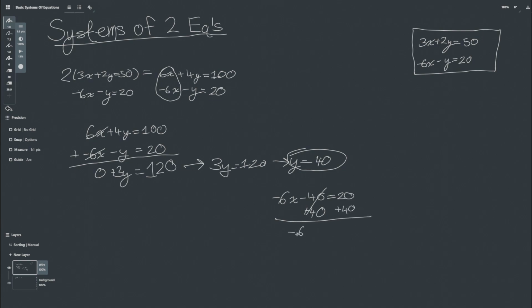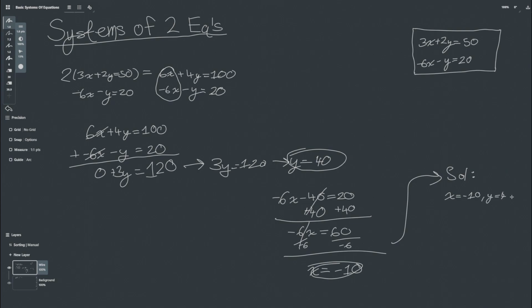We get minus 6x equals 60. And now just divide by negative 6 on both sides. So now we just get x equals negative 10. So now that we have y and x, we can say our final solution for the system of linear equations is x equals negative 10 and y equals 40.